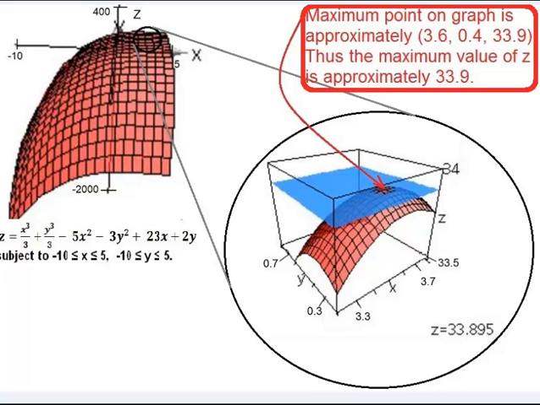We also point out where it occurs because we make the statement that the maximum point on the graph is approximately (3.6, 0.4, 33.9). Also, by methods of calculus 3, which is not the intent of this exercise, it can also be confirmed with consistency that this approximation is indeed accurate to all of its decimal places and digits shown. Okay, very good.